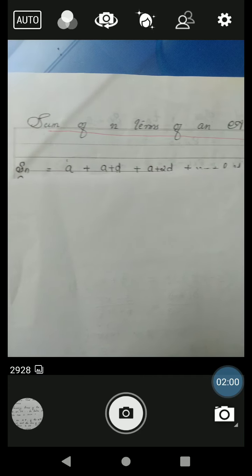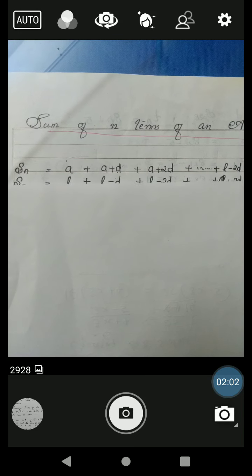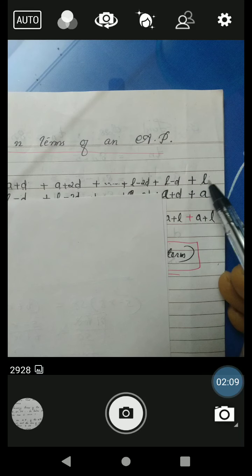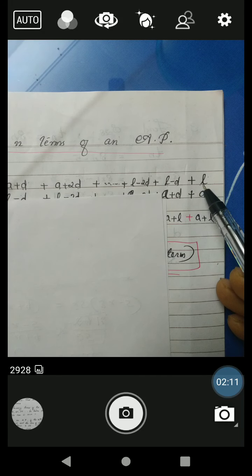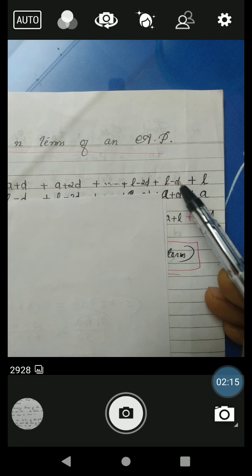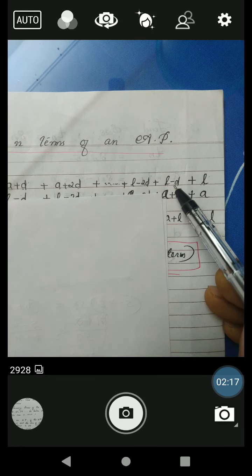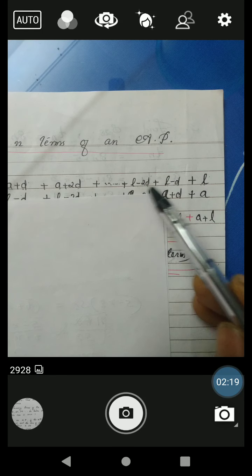Up to L. If the sum of the terms of the AP is denoted by the letter S, we can write the sum of these terms: A plus A plus D plus A plus 2D, etc., up to L. The term before the last term is obviously L minus D, and before that L minus 2D.